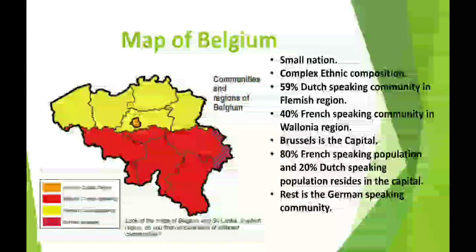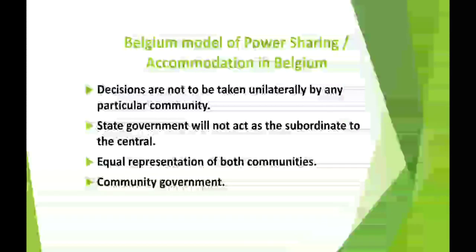and the rest, 1%, is the German speaking community. Now, to solve this problem, the Belgian leaders introduced the Belgian model of power sharing and accommodation. The leaders of Belgium were highly considerate towards the existence of regional differences and cultural diversities, for which they amended their constitution 4 times between 1970 and 1993.